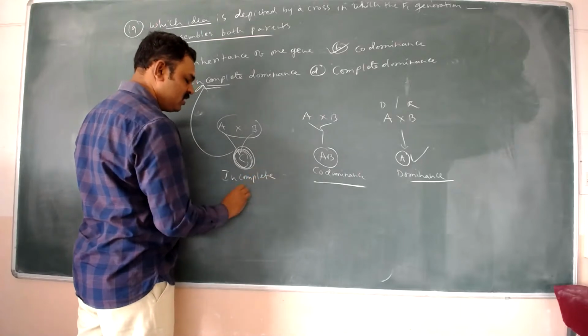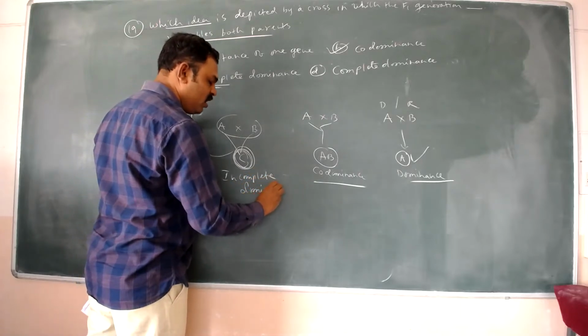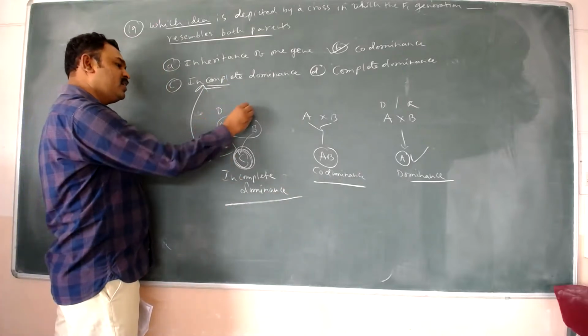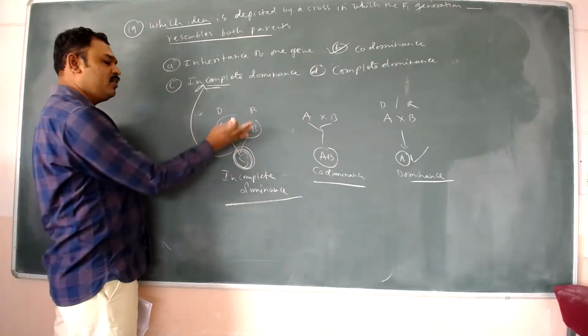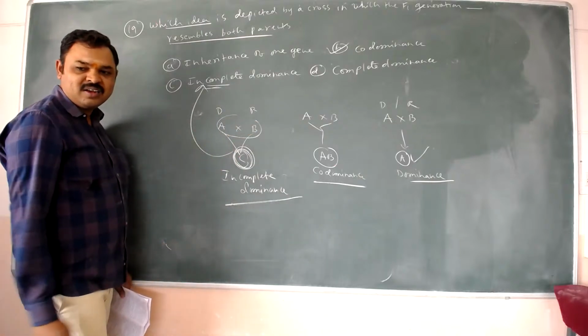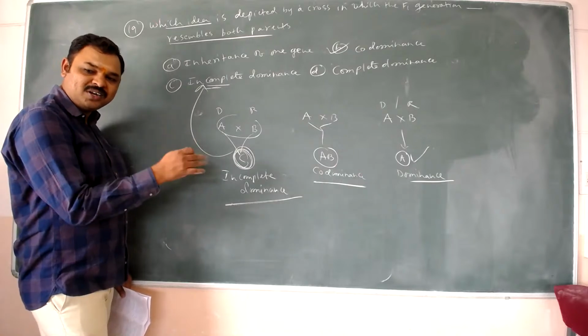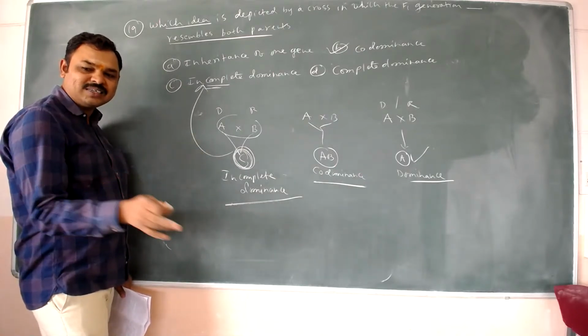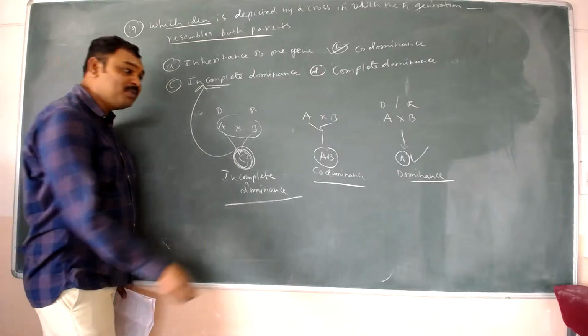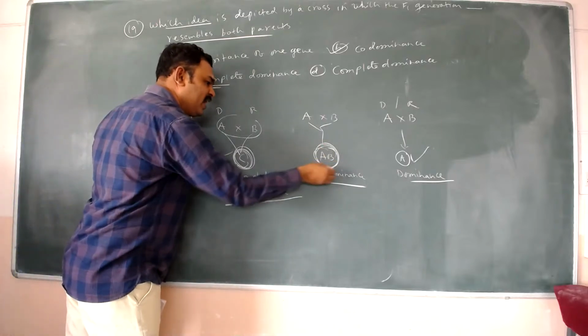Incomplete dominance: what is meant by incomplete dominance? If a dominant parent and a recessive parent are crossed, a new character is seen. Neither the dominant nor the recessive parent character is seen; that is called incomplete dominance. Codominance means both parent characters are seen.